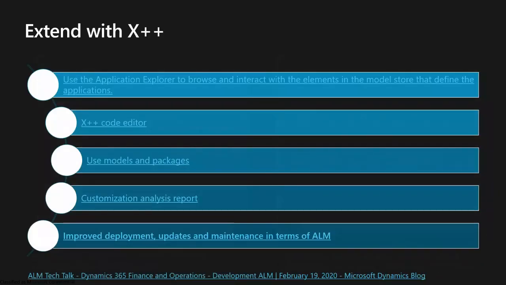So the same build, same pipeline, everything. And as compared to the other FNO modules, if you see the extension with X++, we have this application explorer, and the development environment is basically your Visual Studio. That is your development environment where you can do the X++ extension and customization.